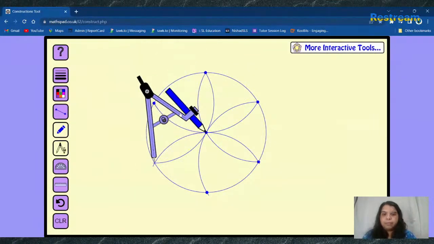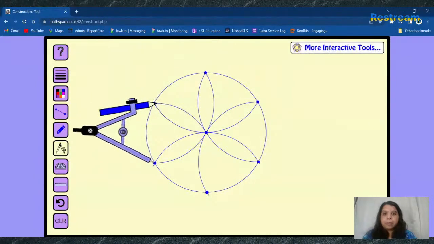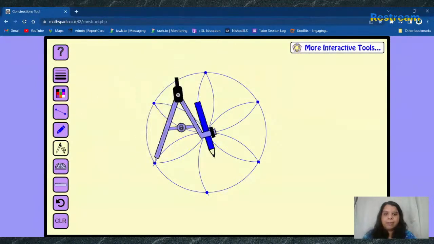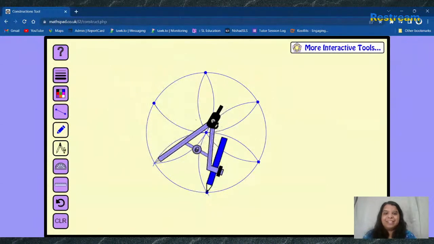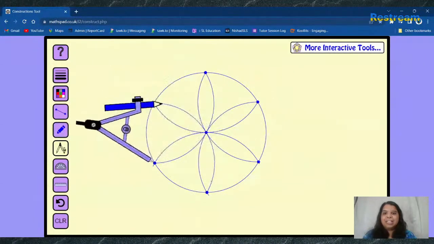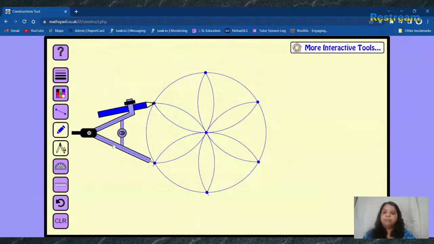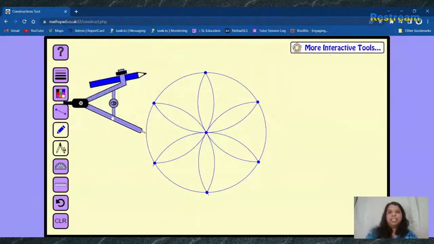Last one. Ha! Isn't it interesting? Such a nice thing. So whenever you are bored or you want to practice your compass skills, you can do this.